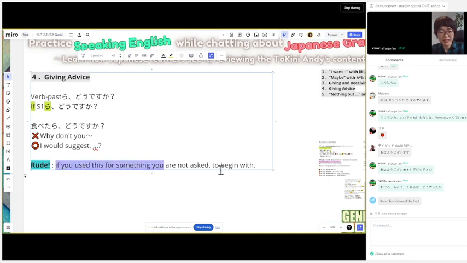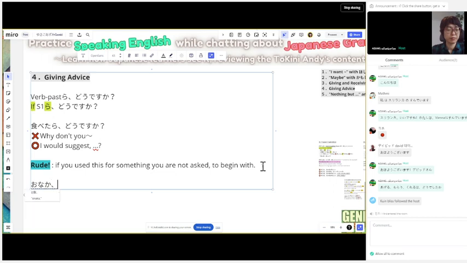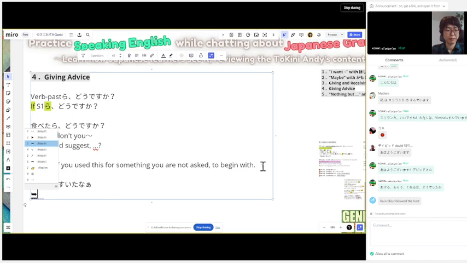If you use this for something you are not asked to begin with, then it sounds really rude. お腹空いたな。食べたらどうですか? Like, it sounds really pushy.